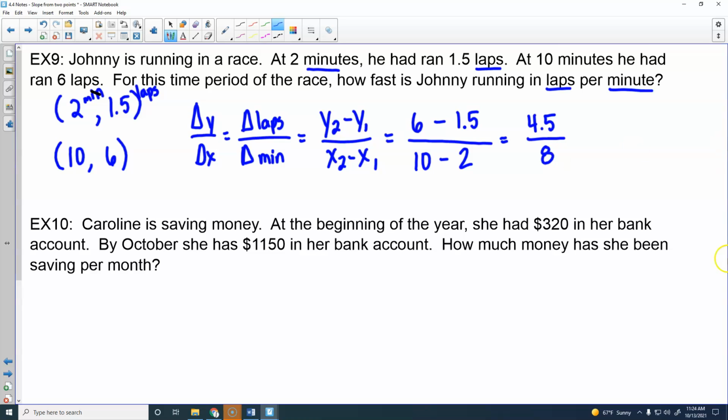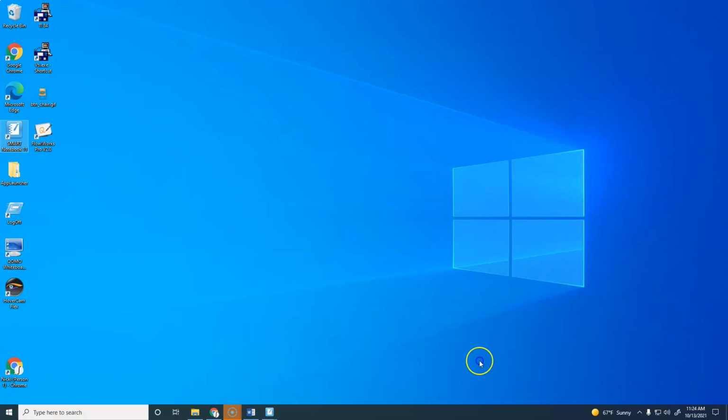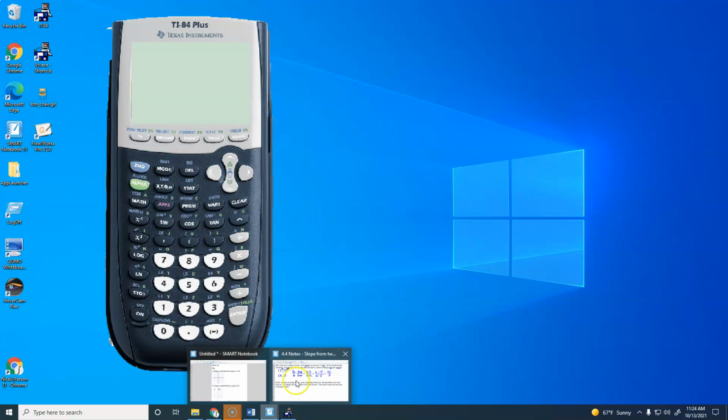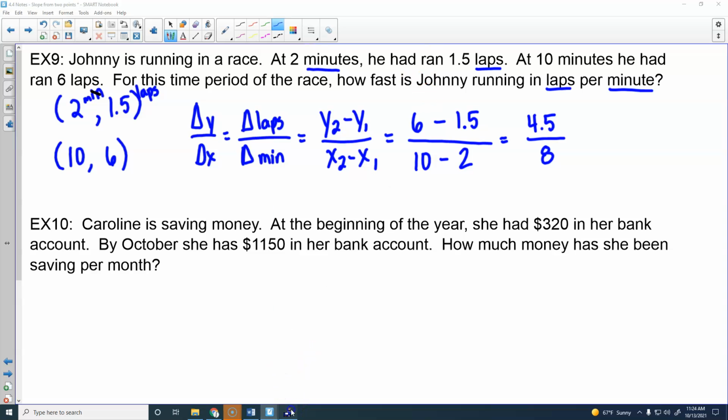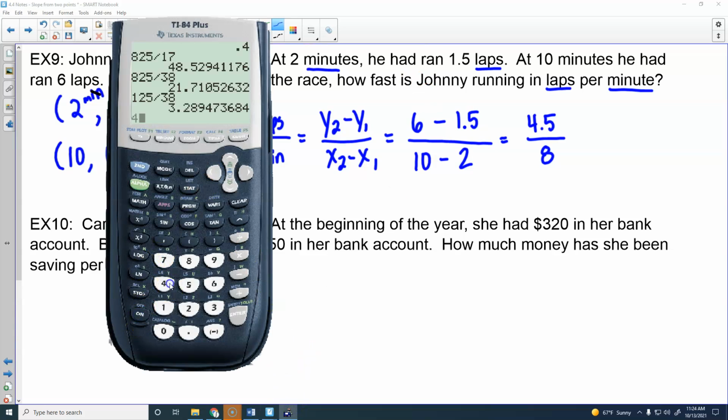Now, in this particular case, I'm not going to have you go get calculators just for these two problems, but we're going to use a calculator here. So I'll do that for us. So we got 4.5 over 8.